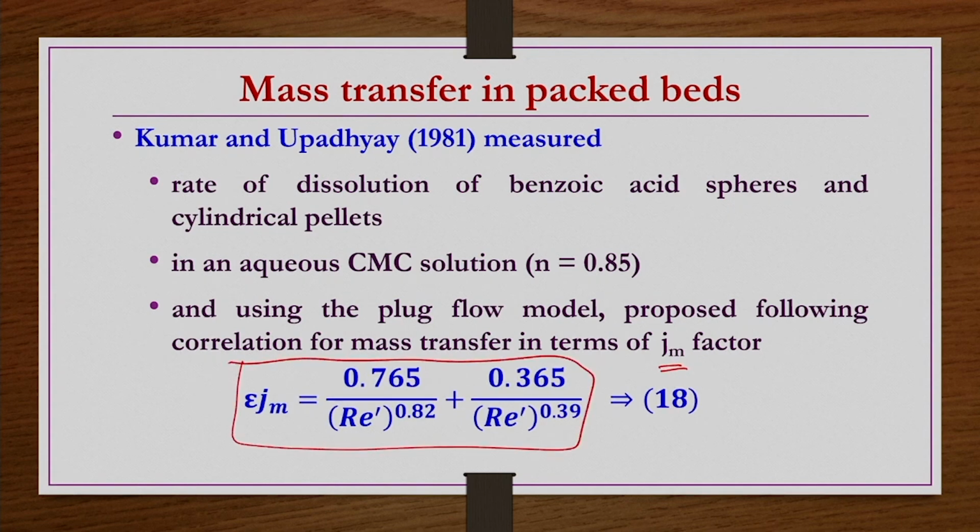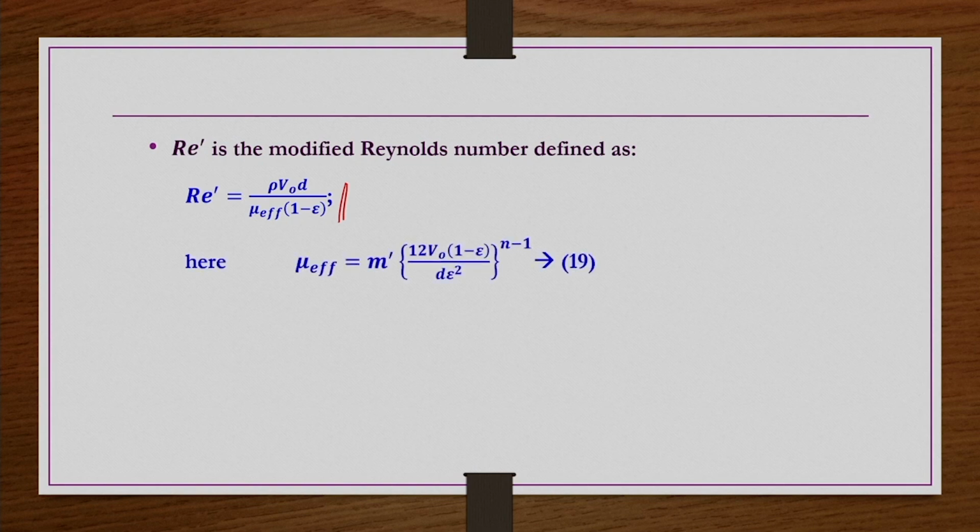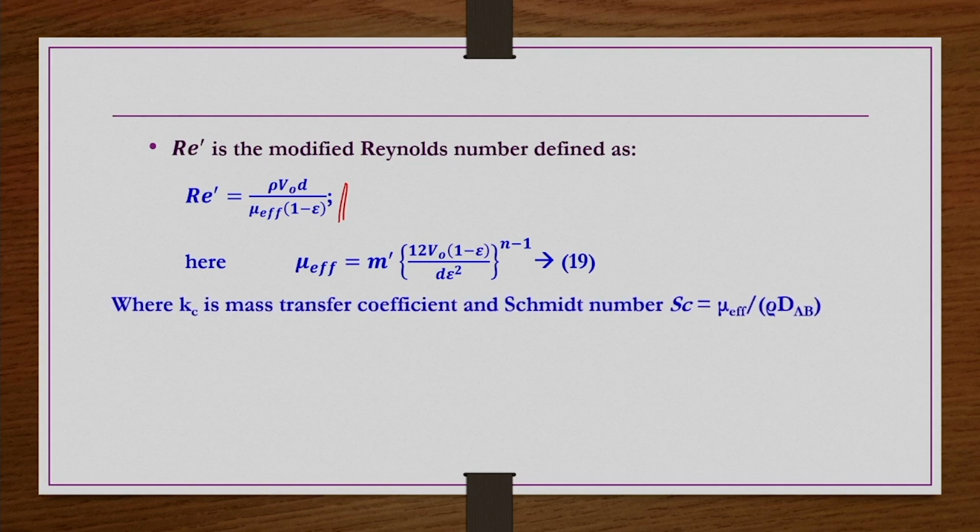Here Re prime is the modified Reynolds number, defined as this one, the same as in the packed bed case that we saw yesterday, where mu effective is m prime times 12 V naught (1 minus epsilon) by d epsilon squared, whole power n minus 1. This definition is the same as in yesterday's class, for the frictional pressure drop calculations by Kumar and Upadhyaya.